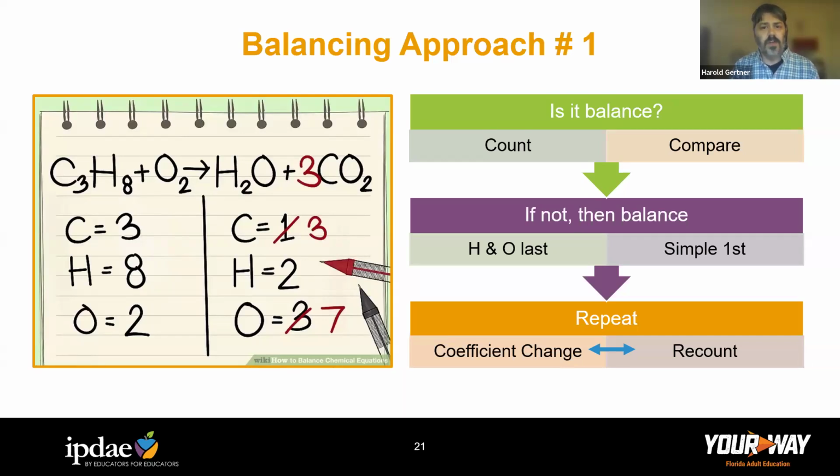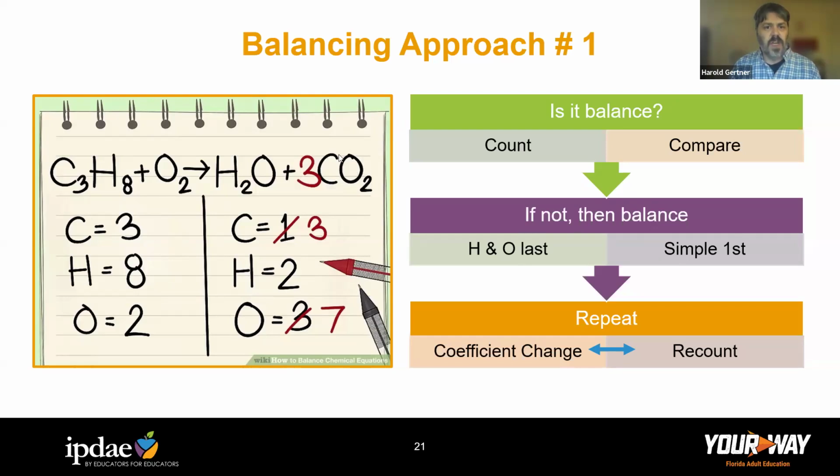Okay. And if you notice, that first step relates to the step here. If it's not balanced, then we're going to balance it. And what are we going to do? We're going to leave the hydrogens and the oxygens to the end when possible. And we'll start with, after that, what's the simplest thing to balance first? And so they're trying to ignore the hydrogens and oxygens.